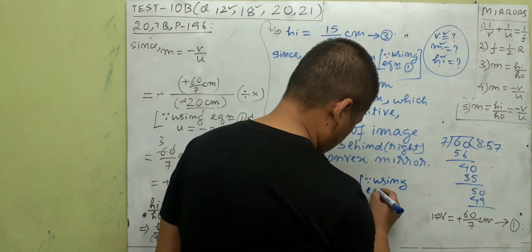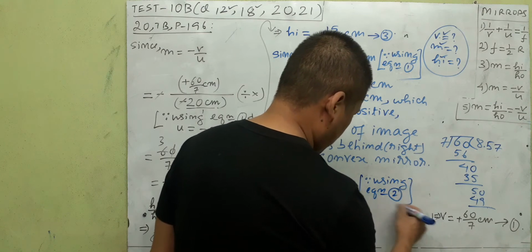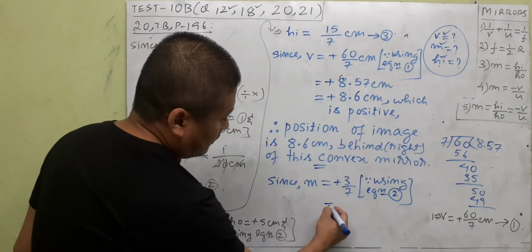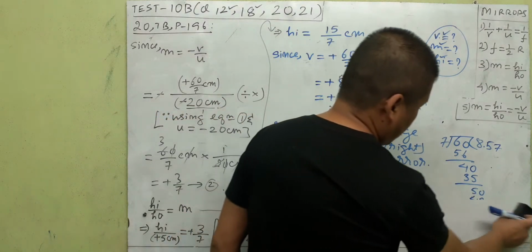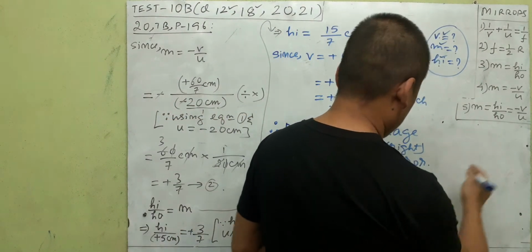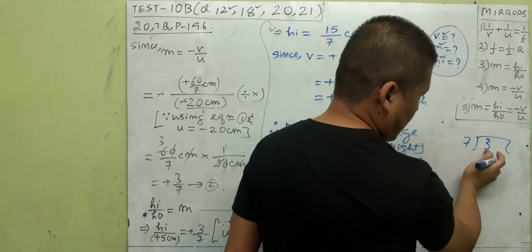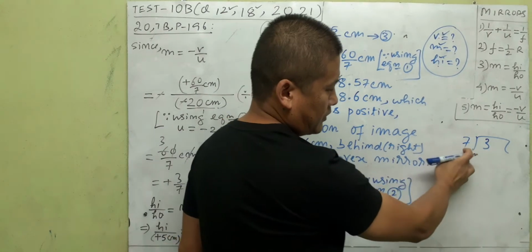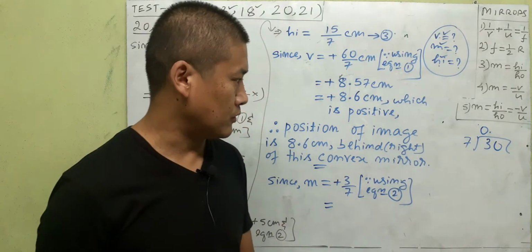Here, the M value is this much, as you get by using equation number 2. So let us find out this value. So 3 is divided by 7. Be very clear with that. Since the dividend is smaller than the divisor, we have to put 0 point, then only we can divide. So 0 will come there.